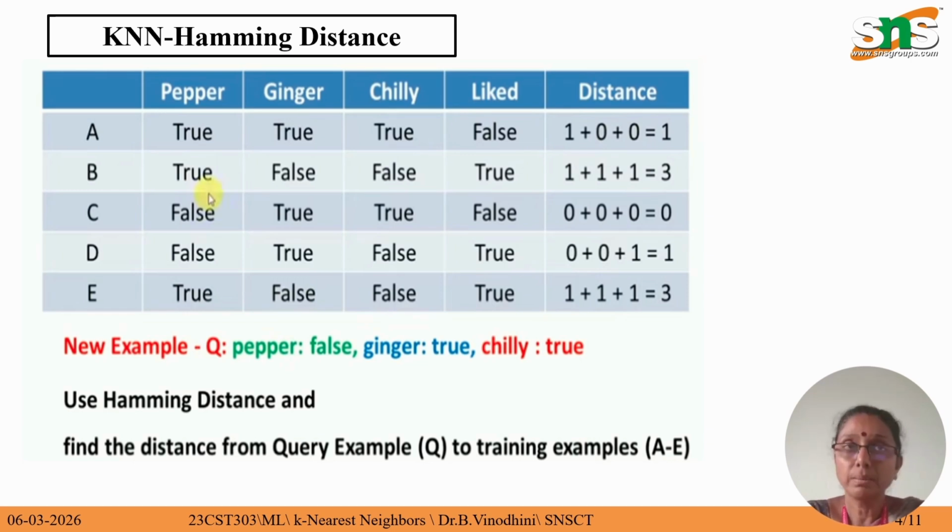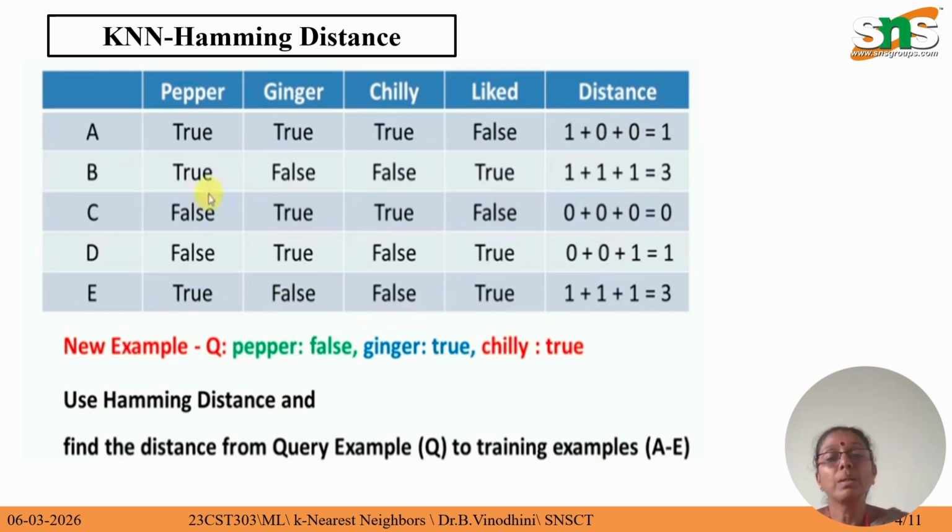In the Hamming distance method, for example, pepper is true, ginger is true and chili is true. They compare this with the new input. For example, the new input is pepper false, ginger true and chili true, and we are going to predict whether the class label, liked, is false or true.